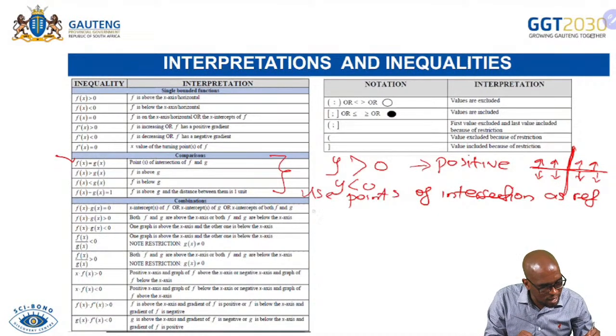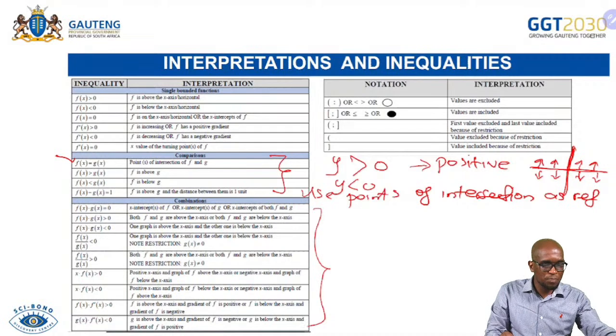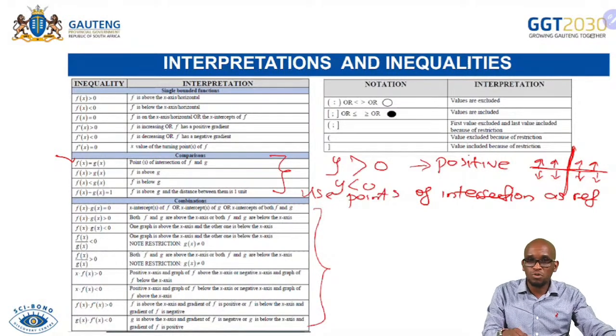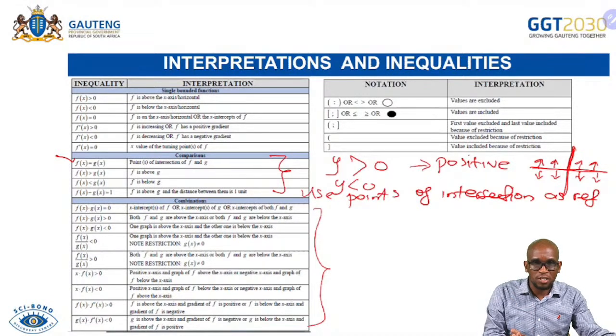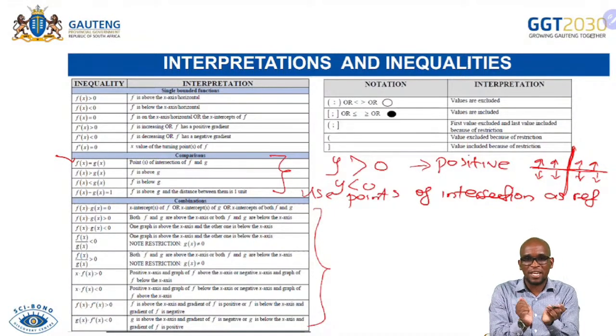Now the last part, which is a bit more challenging, speaks to combination. How do you pick up that it's a combination? You'd be given two functions, and you are going to either multiply or divide those functions. Then you know you are combining them.